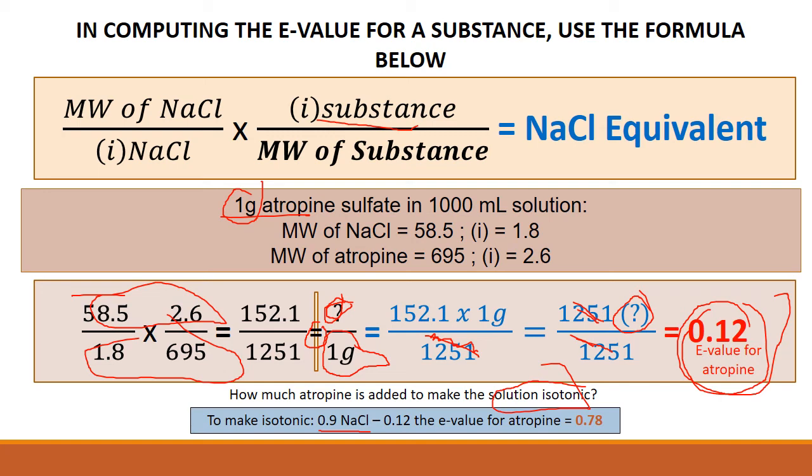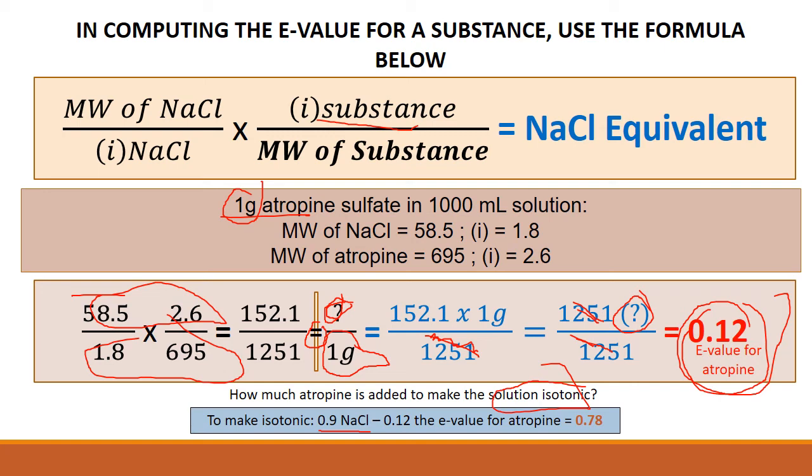By the way, you should not cancel this one, since it looks like there is 1251 and 1251. So 152.1 times 1 gram divided by 1251, and our answer would be 0.12. That is the E value for our atropine.